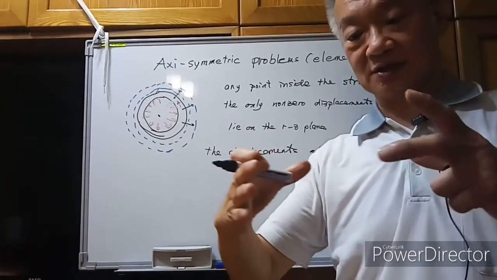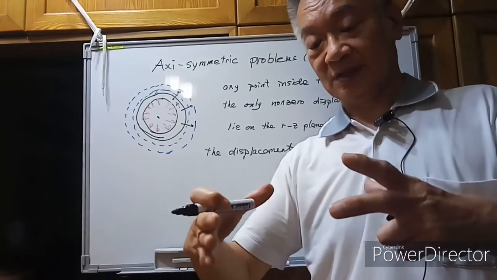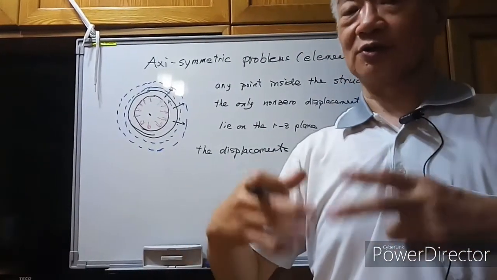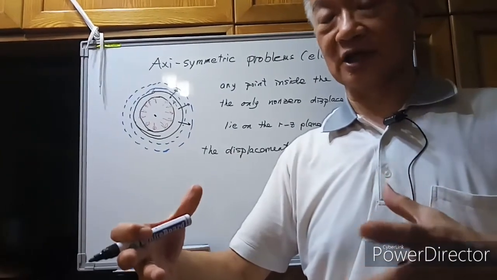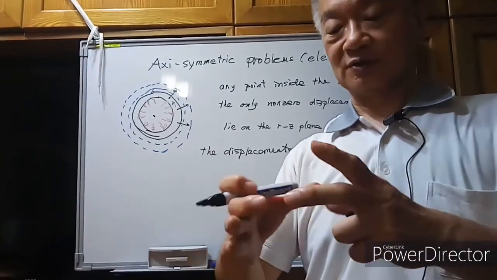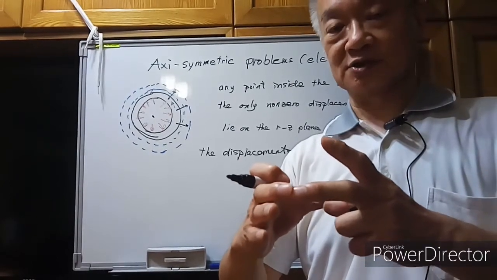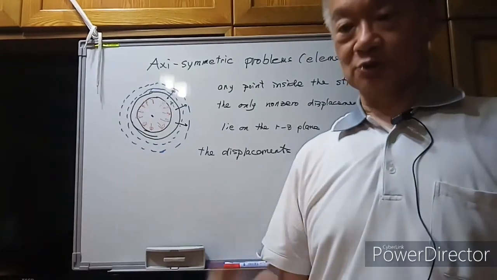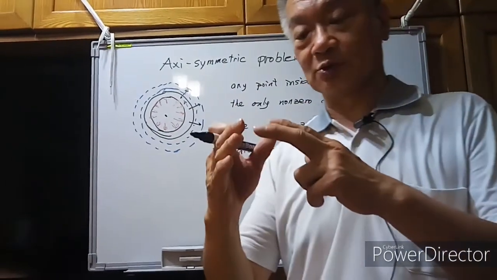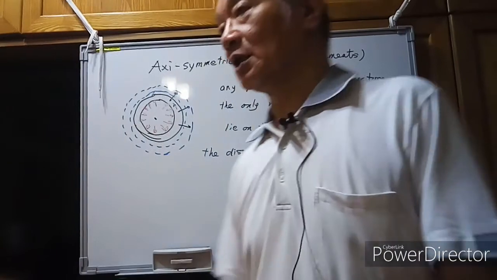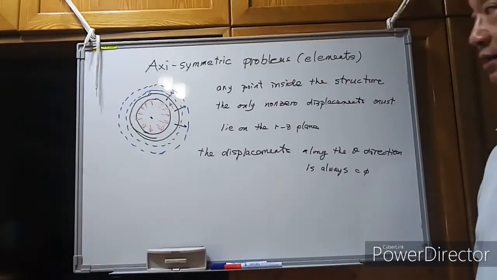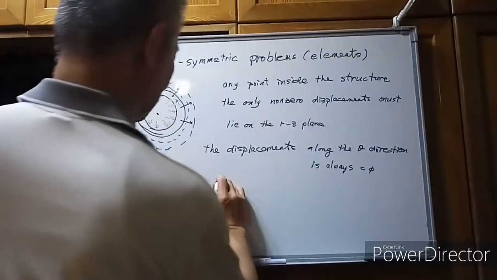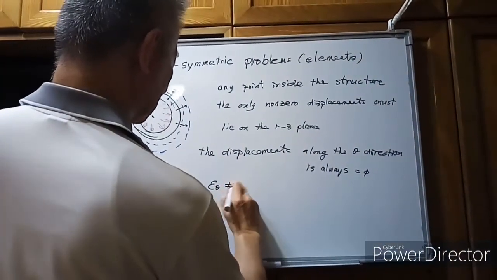So you can see right now the structure shape has a bigger radius, or you can say we have a bigger diameter, since it changed from a small circle to a much larger circle. So you should expect we have the epsilon along the theta direction. So the epsilon theta is not equal to 0.